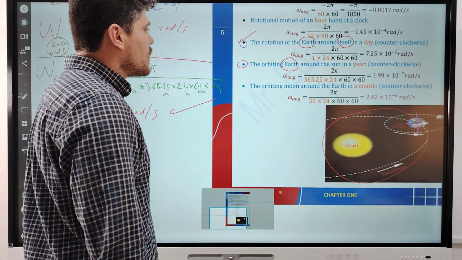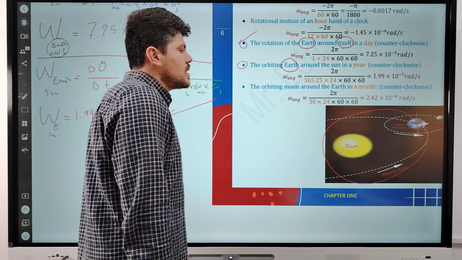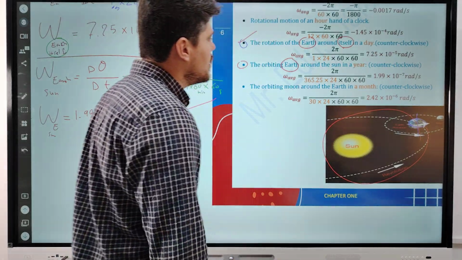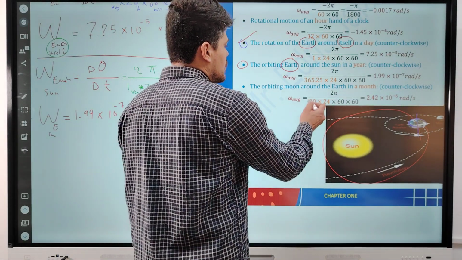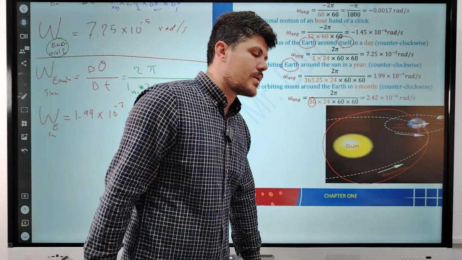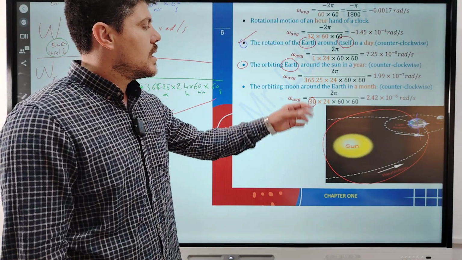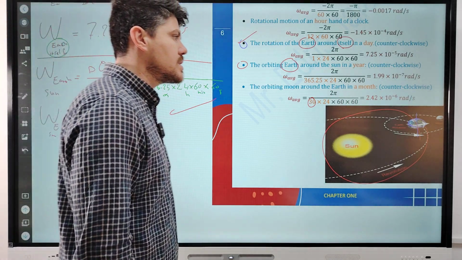The last one, the orbiting moon around the Earth. Sometimes the moon takes 28, 29, or 30 days. So that is why we can assume that for one complete cycle of the orbiting moon around the Earth, it takes 30 days, and its value is equal to 2.42 times 10 power negative 6 rad per second.